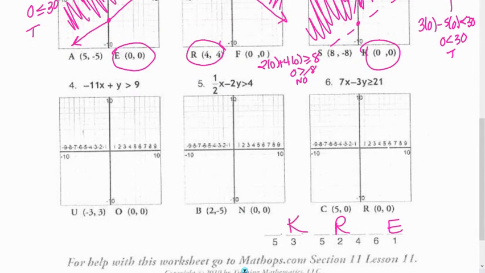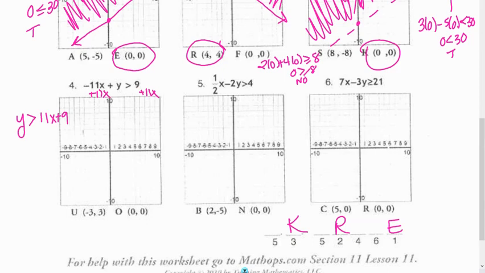All right. So I could do a t-table for this one, but I think I want to change this into y equals just because 11 and 9 don't look very friendly to each other. So I'm going to add 11x to both sides. And then I get y is greater than 11x plus 9. Okay.